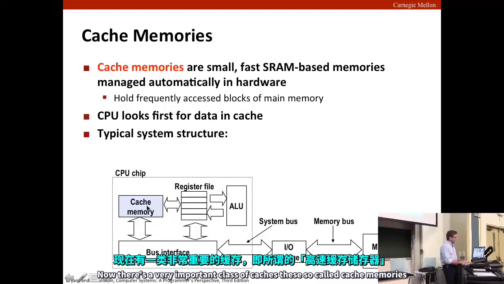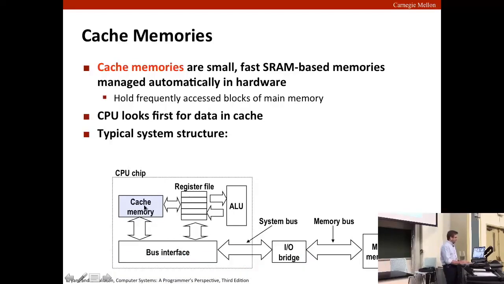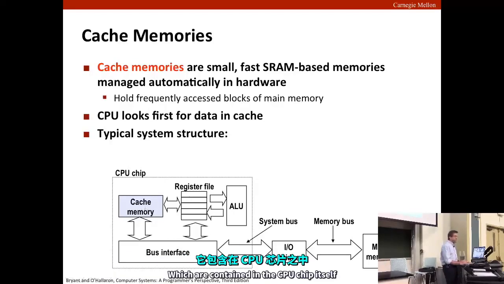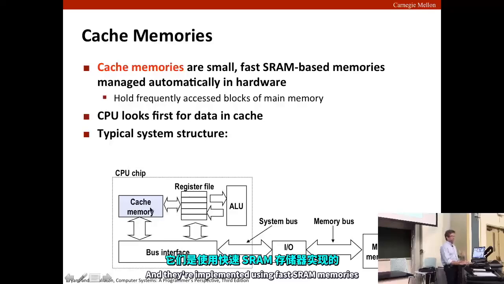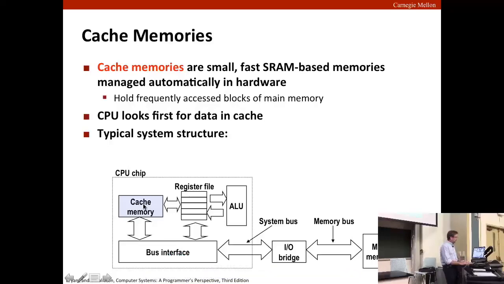Now there's a very important class of caches, these so-called cache memories, which are contained in the CPU chip itself and are managed completely by hardware, and they're implemented using fast SRAM memories.